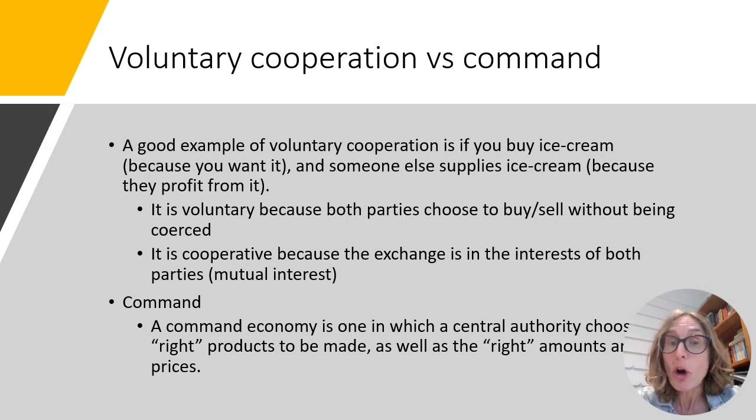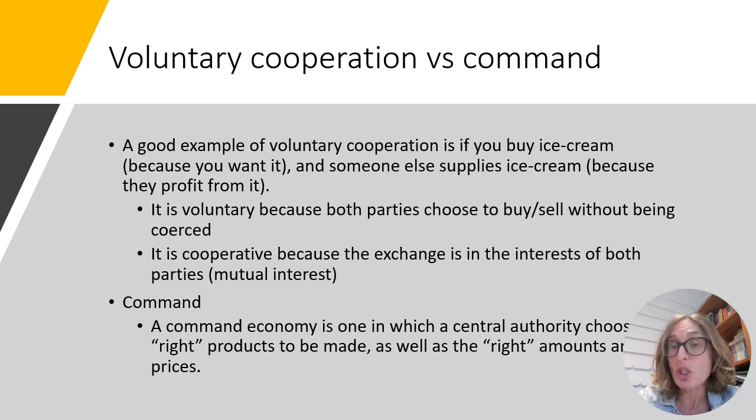So neoclassical economists conceptualise the market as the locus of voluntary cooperation. A good example of voluntary cooperation is if you buy ice cream because you want it and someone else supplies that ice cream because they profit from it. And it's voluntary because both parties choose to buy and sell without being coerced into doing so. And neoclassical economists conceptualise this as cooperative too, because the exchange is in the interests of both parties.